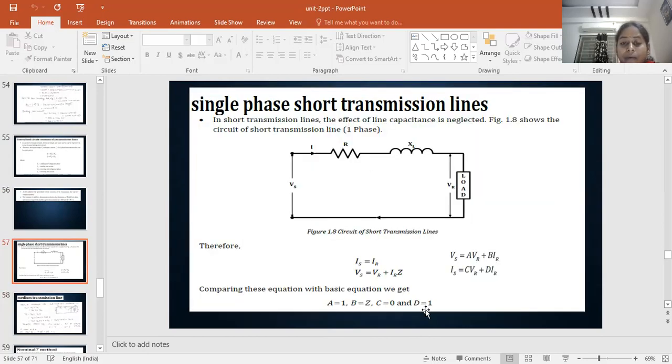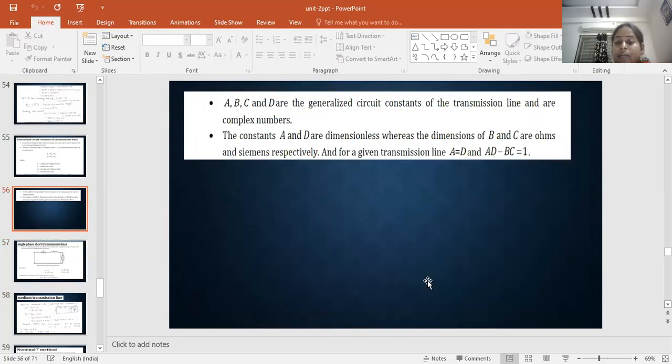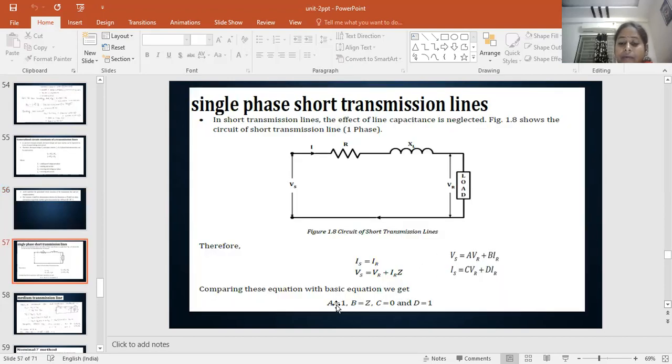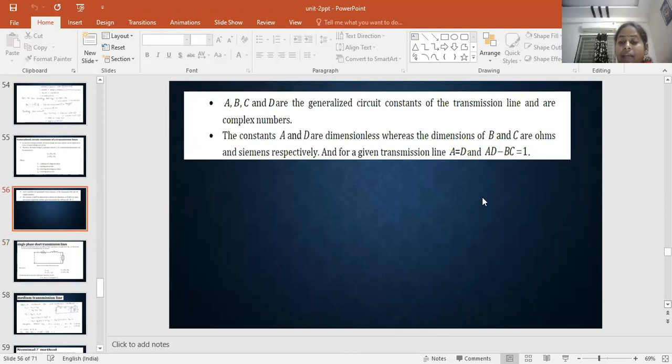So in this transmission line, we satisfy the two conditions, then only ABCD parameters are calculated. The two conditions are A equal to D and AD minus BC equal to 1. First of all, A equal to D is satisfied, A equal to 1, D equal to 1. Next one, AD minus BC equal to 1.